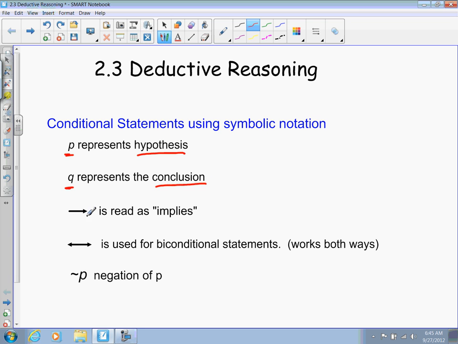And this arrow means implies. So if I wrote P implies Q, if P happens, that implies that Q happens. This would be a conditional statement like if P, then Q. That's just a regular conditional statement.